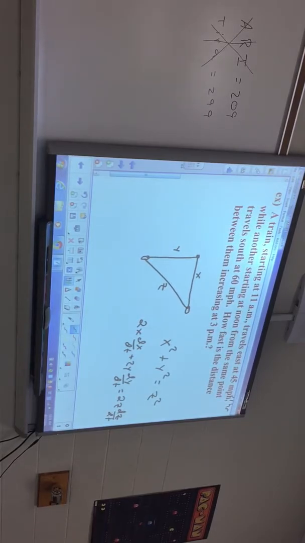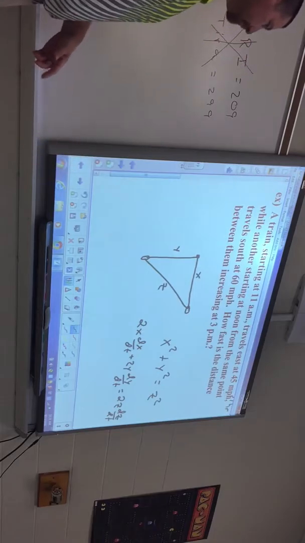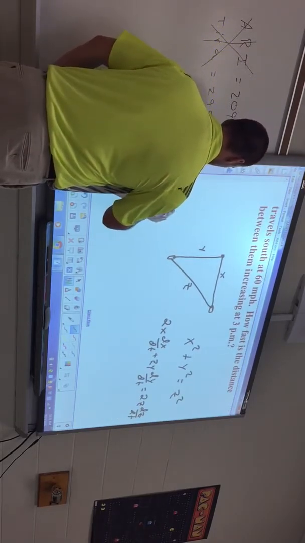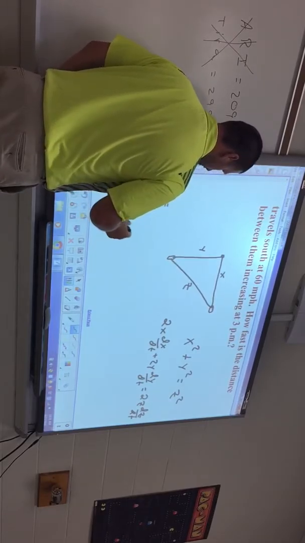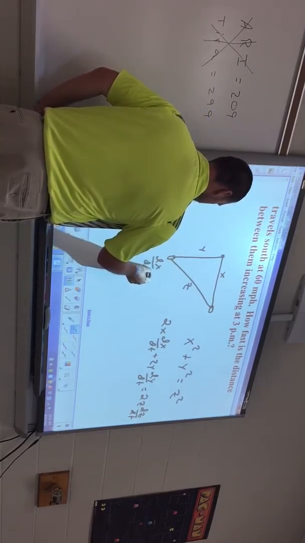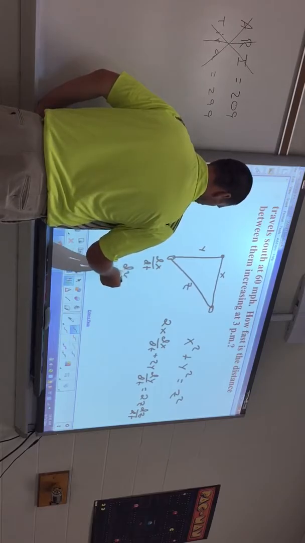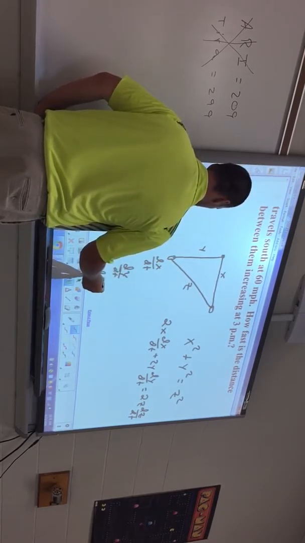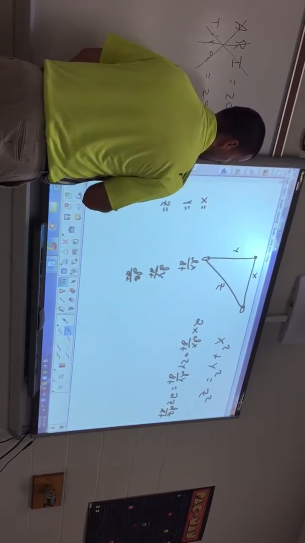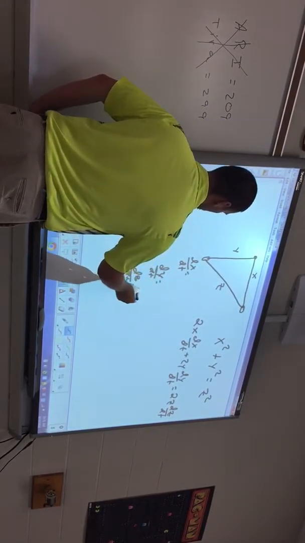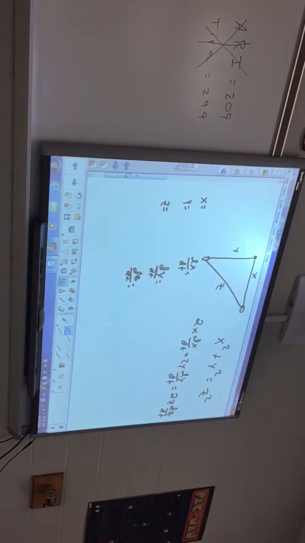So again, I've got 6 letters, so I need to assign those 6 letters. This one has a little bit more work to do because they don't tell us what x, y, and z are. So I've got those 6 variables.